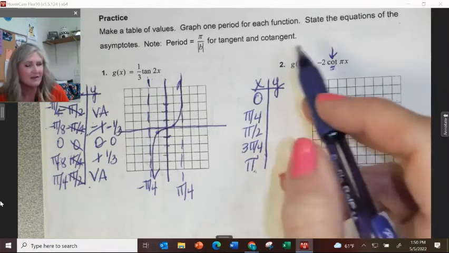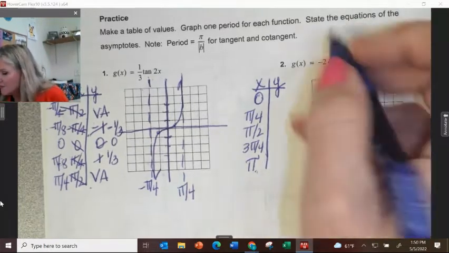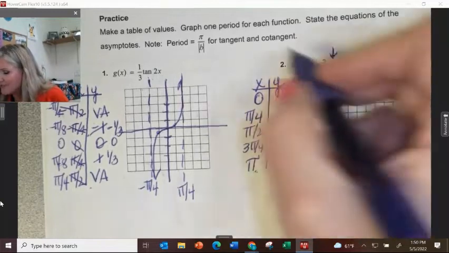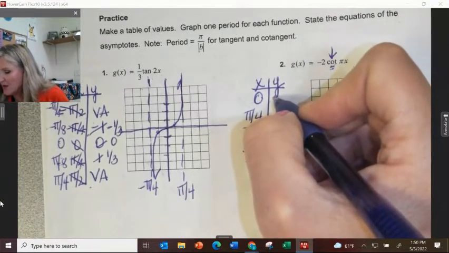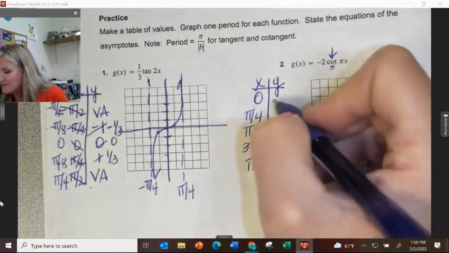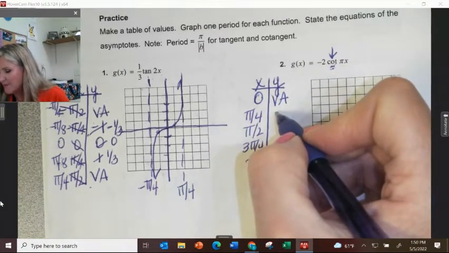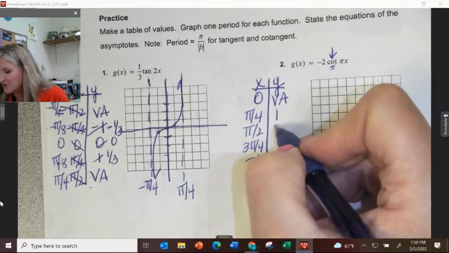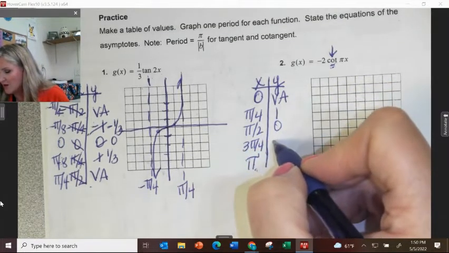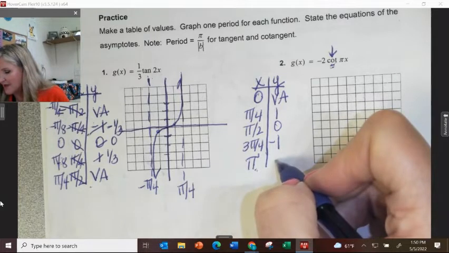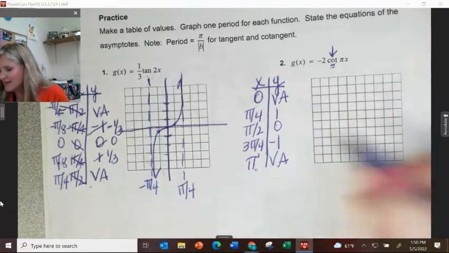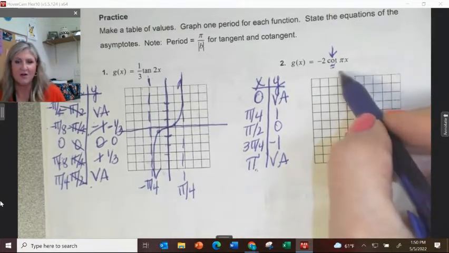You see what I'm saying? All right. So for cotangent, what happens at 0 normally? We usually get a vertical asymptote. What's pi over 4 going to be? 1, pi over 2, 3 pi over 4, pi. Vertical asymptote.